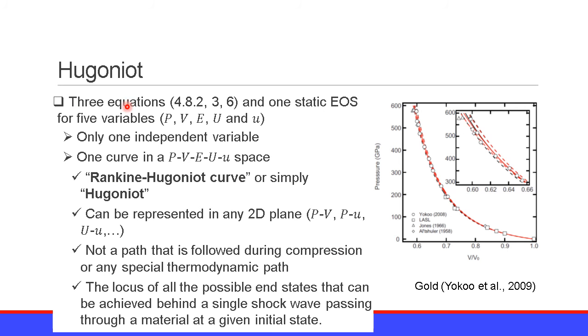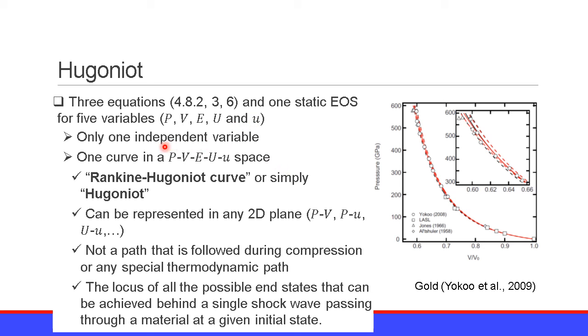So we have three equations, 4.8.2, 4.8.3 and 4.8.6, namely the equations of conservation of mass, momentum and energy, and one static equation of state for 5 variables: pressure, volume, energy, shock velocity, and particle velocity.